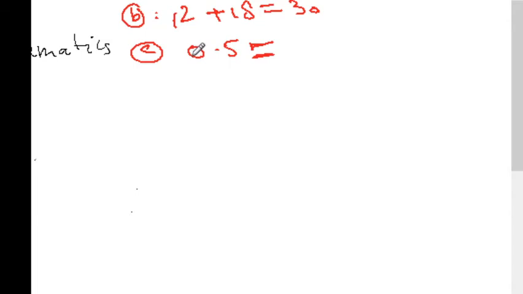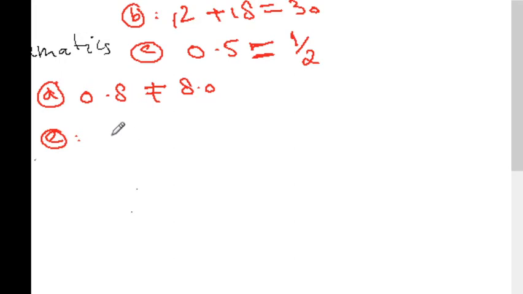If I'm writing it in mathematical form, I will write it this way. Part D is 0.8 is not equal to 8.0. Correct.